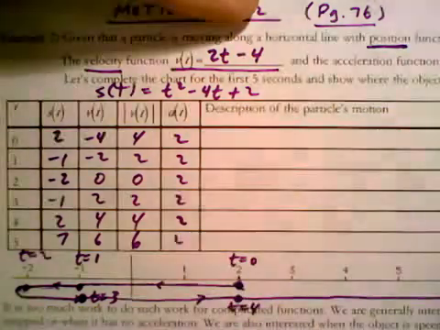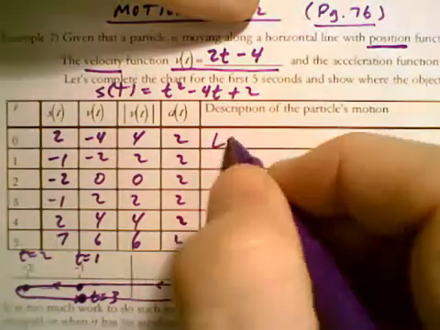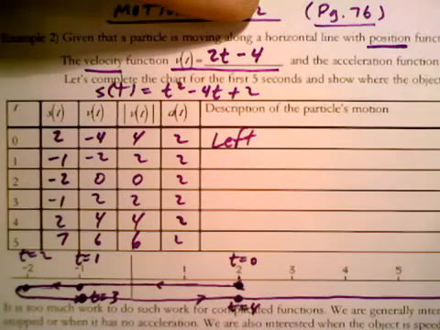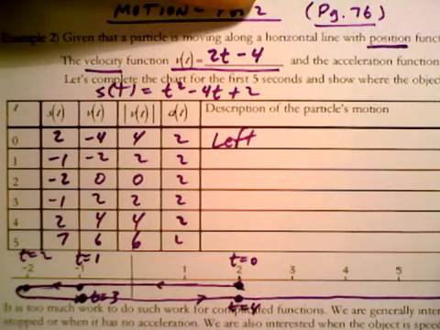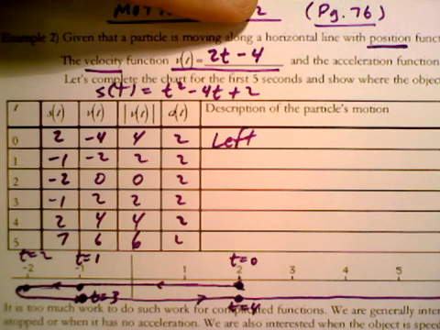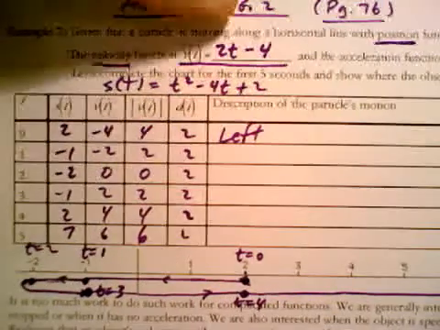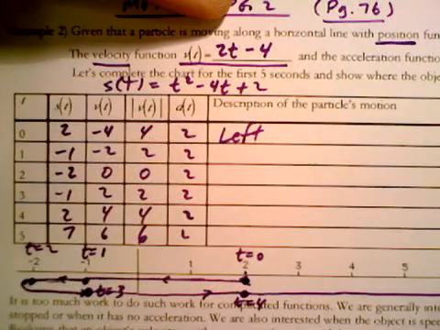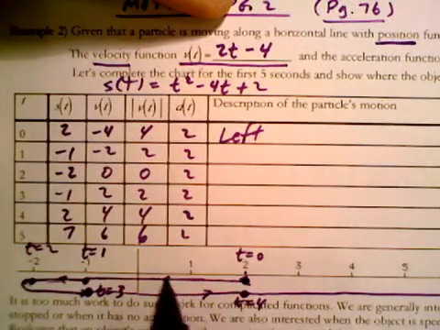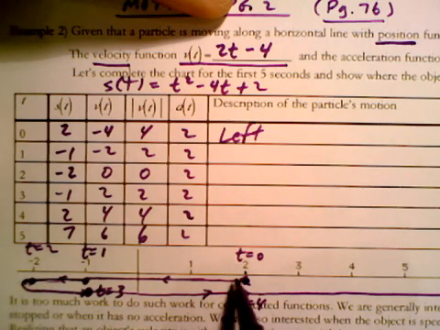So the description of the particle's motion: moving left. Okay, you're moving left, and we can get into speeding up and slowing down. Maybe this is not intuitive, it's usually not, but if you're approaching a stop, I'll try to help you understand this, and we'll talk more and more about this.